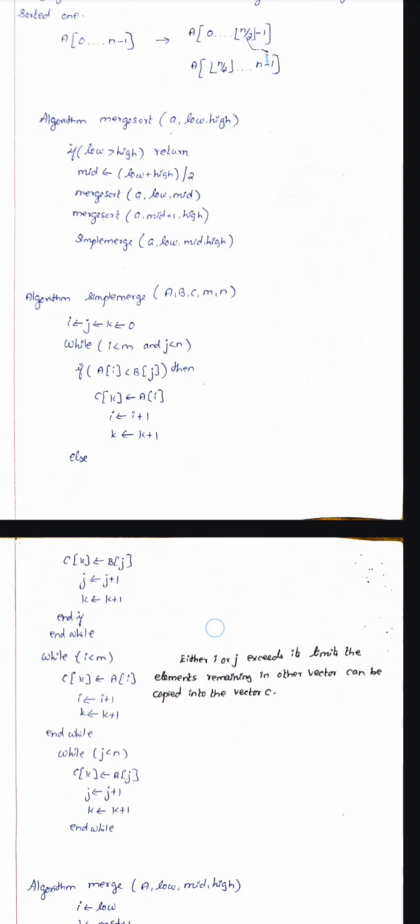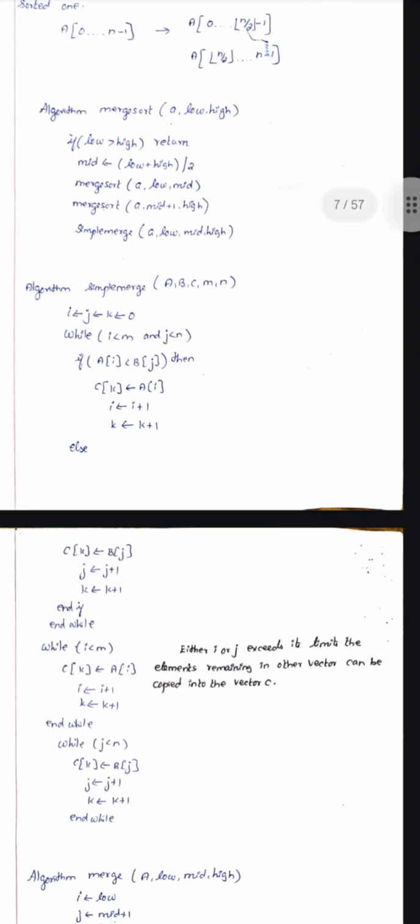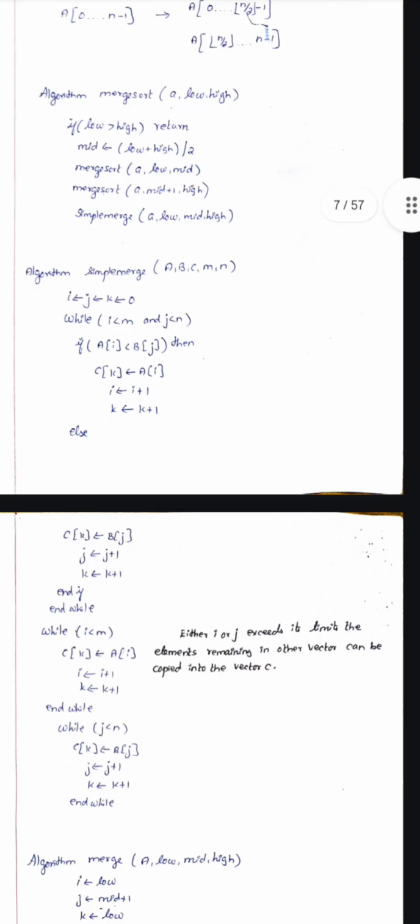Then we have i, j, k equals 0. While i is less than m and j less than n, if a of i is less than b of j, then c of k is a of i, i equals i plus 1, k equals k plus 1. c is the new array.